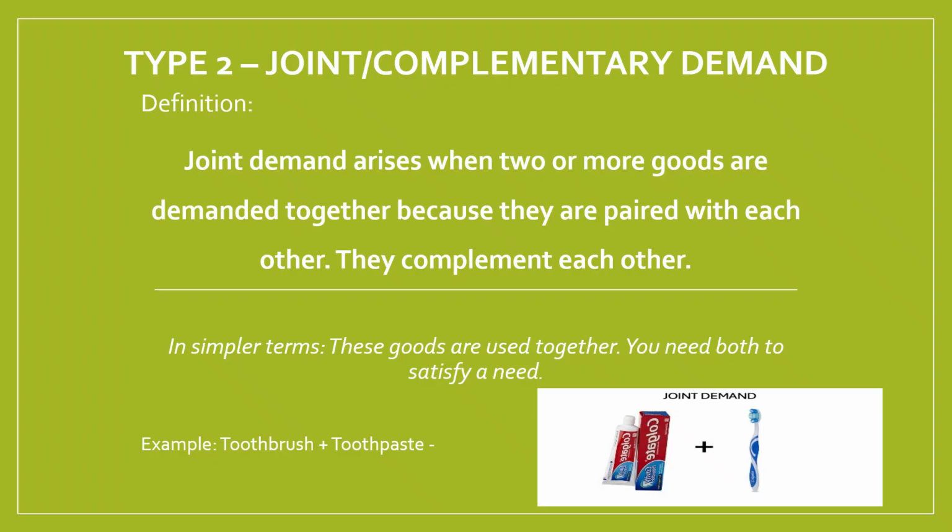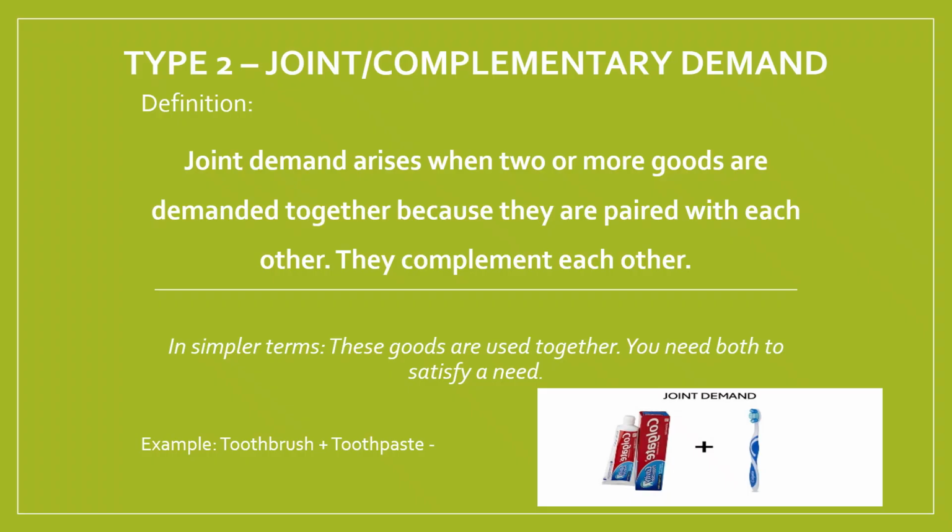Let's consider the picture that we saw in the gallery again. Colgate toothpaste and the brush. A toothbrush is not very useful without toothpaste. Toothpaste is not typically used without a toothbrush. When people buy a toothbrush, they also buy toothpaste.